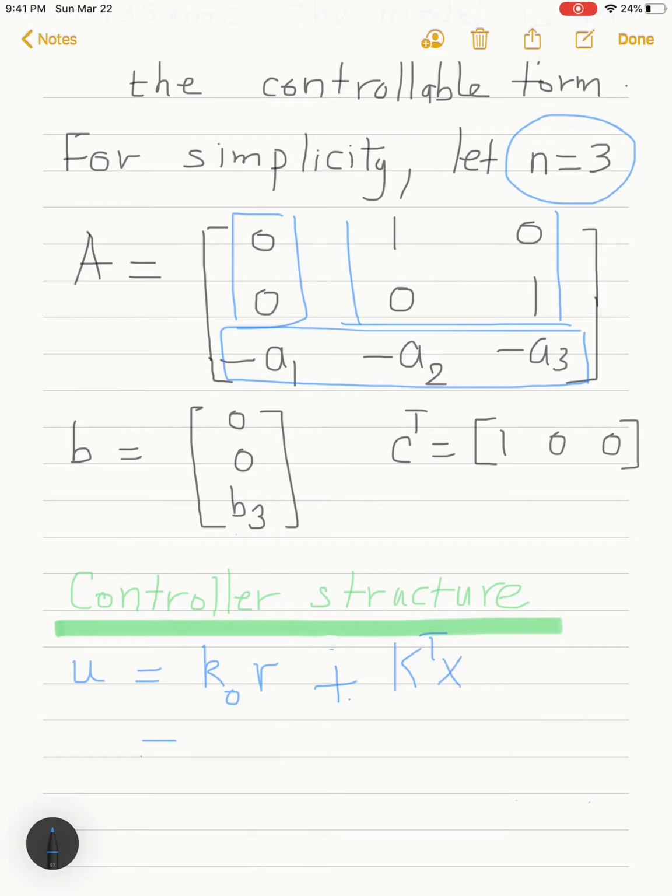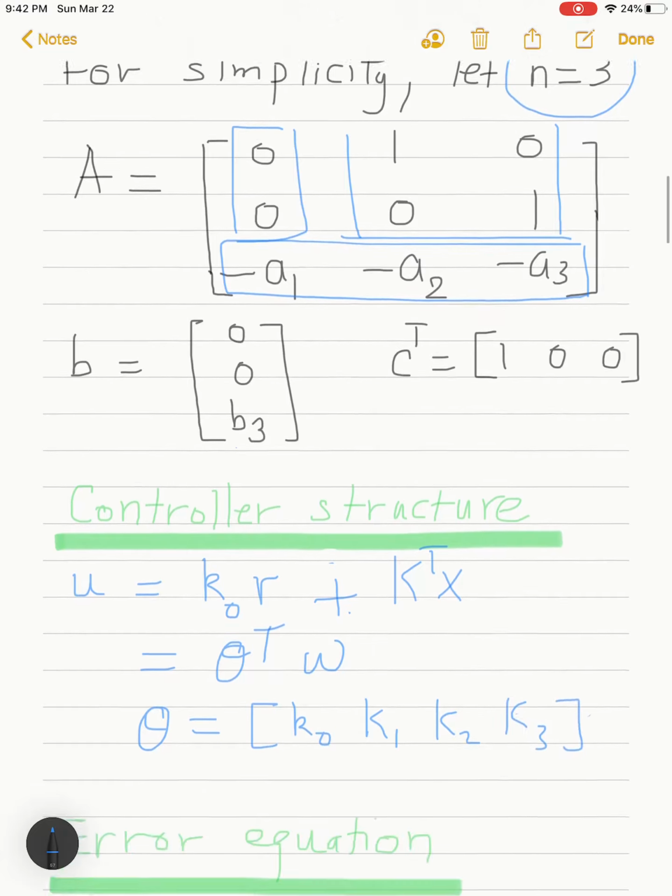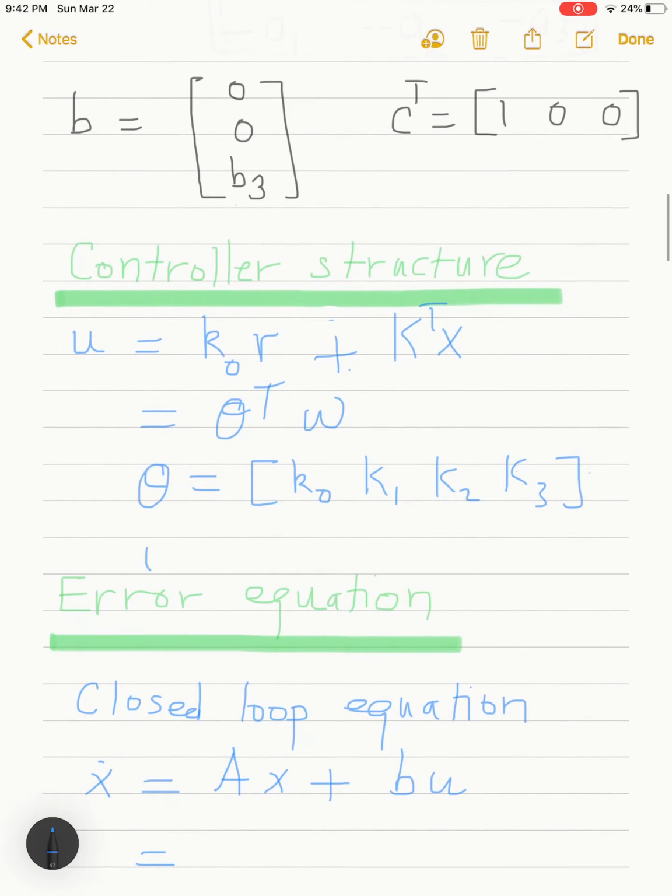We can write this as theta transpose omega, where theta will consist of the gains k naught, k1, k2, and k3, while omega would be the reference, x1, x2, and x3. These are the components of the state vector.